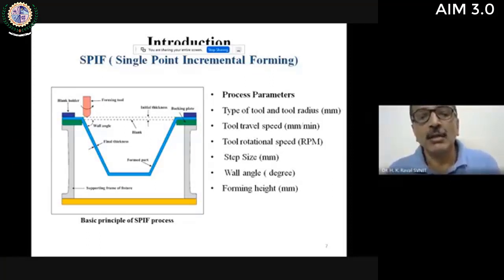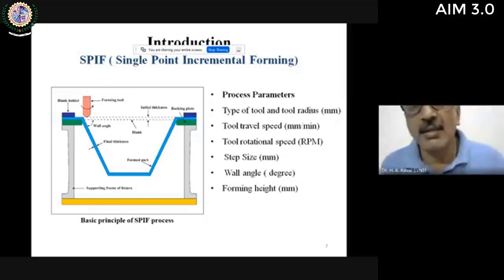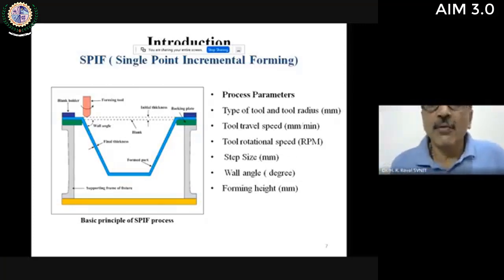So progressively every XY plane gets deformed, and ultimately you get the shape of a cup. So this plane is required to be defined in terms of step size, that is, dimensions in the vertical direction. So these are a few parameters.